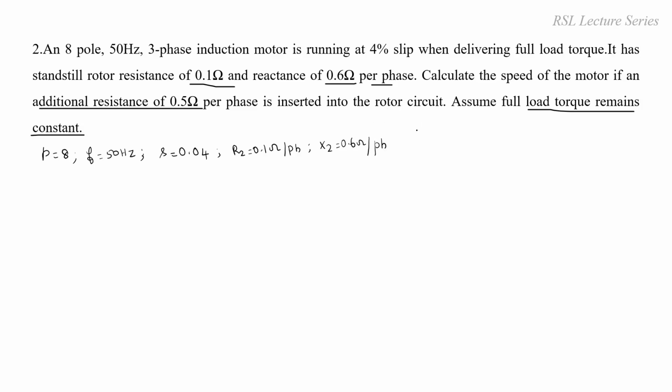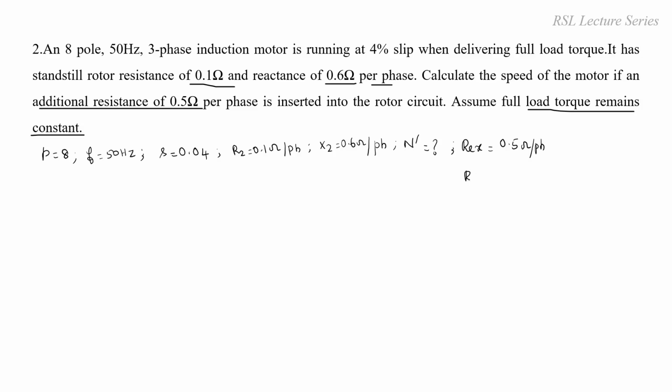Okay. So now we will have to calculate the speed. Let this be the speed N dash, because we have added the additional resistance. So we have to find out the speed after adding the resistance value. Now let REX be the additional resistance, which is given as 0.5 ohms per phase.